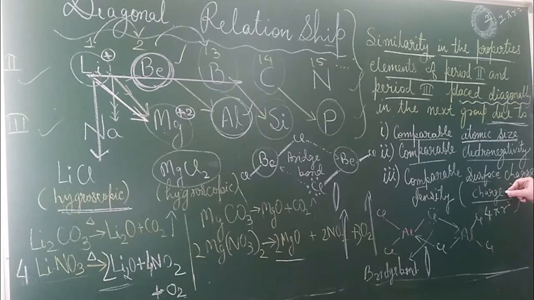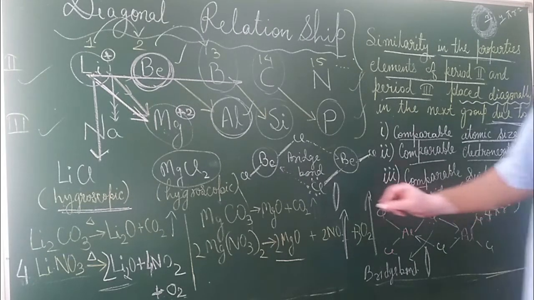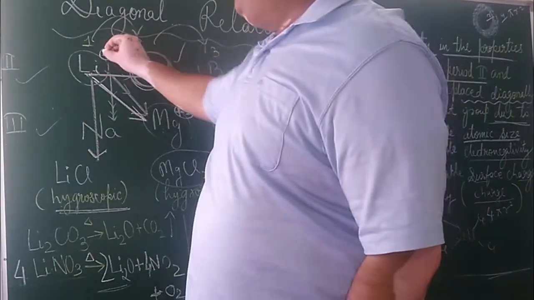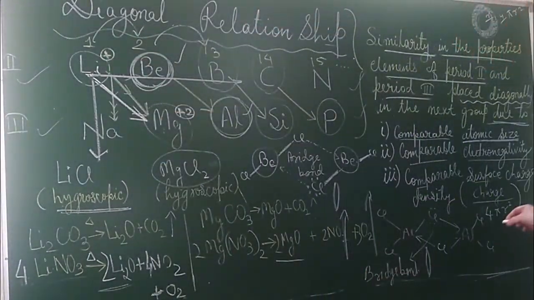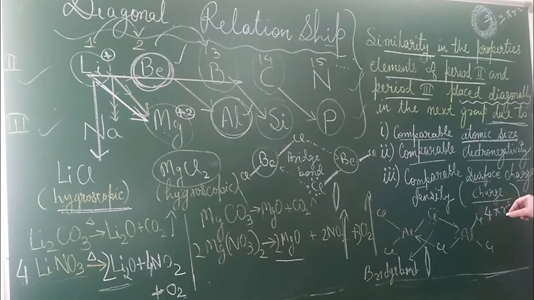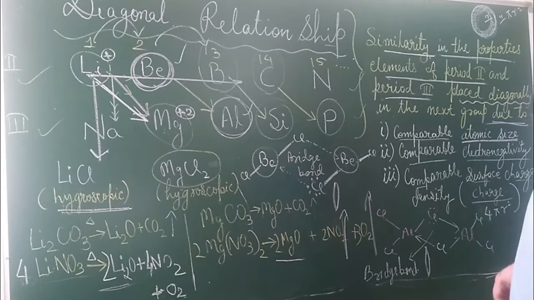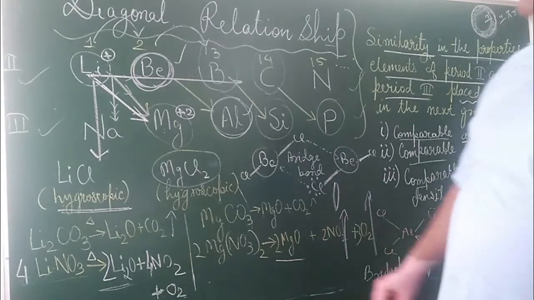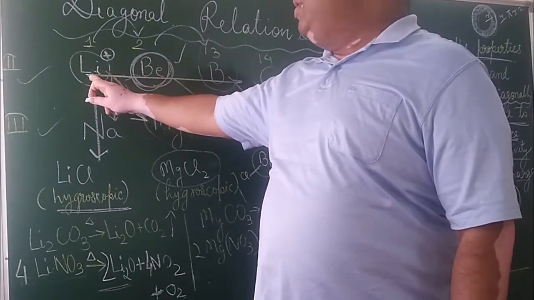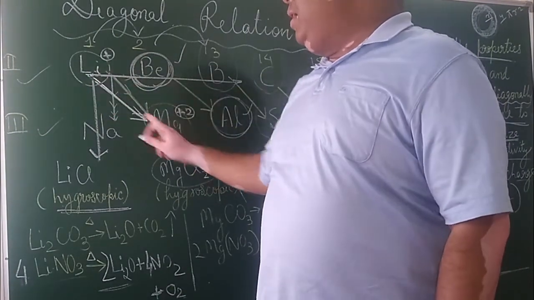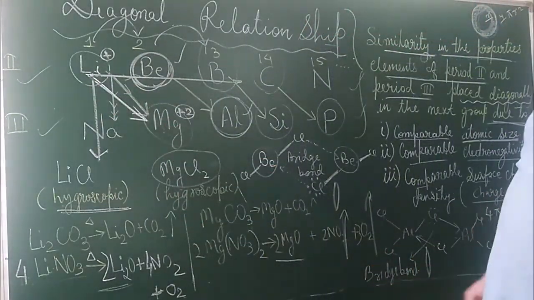We take the charge on the atom and divide it by its surface area, 4 pi r square. 4 pi r square is nothing but the surface area of a sphere, and we assume that the shape of atoms is spherical. So we divide the charge by the surface area, and we find that the surface charge density of diagonally related elements is similar.